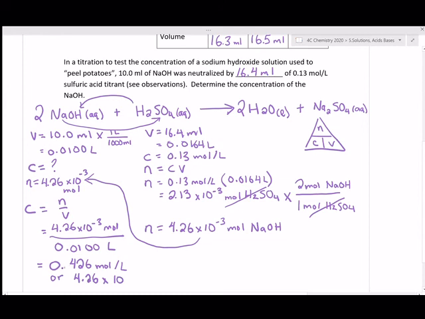And because I made this bigger, I need to say times 10 to the negative 1 moles per liter sodium hydroxide. And that is our final answer.